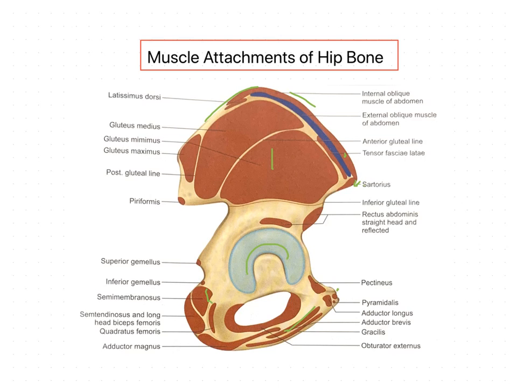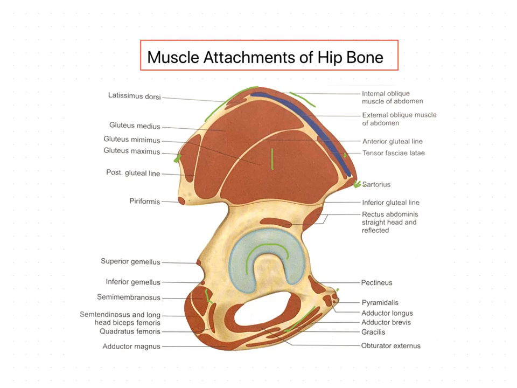So this is the anterior superior iliac spine. If you come along the border of the iliac crest to the posterior aspect, again we'll find another spinous projection called the posterior superior iliac spine, and below this you'll find the posterior inferior iliac spine.